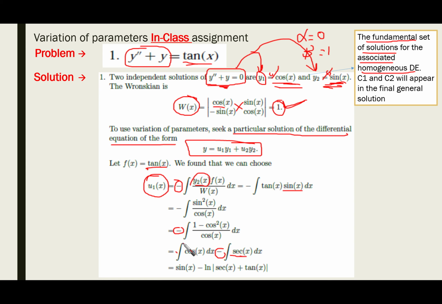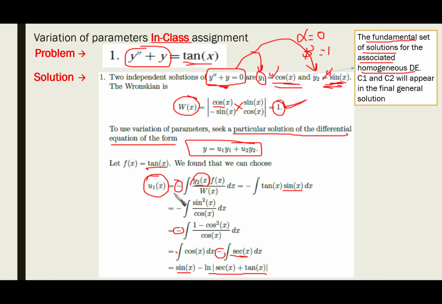Then the integration of cosine x is sine x, and the integration of sec x is ln of sec x plus tan x. So this is considered to be u1, the first part for obtaining the particular solution.